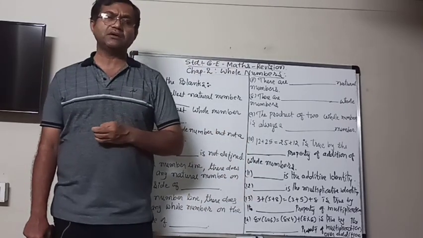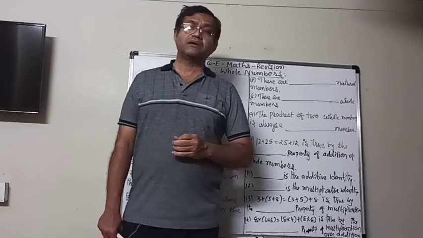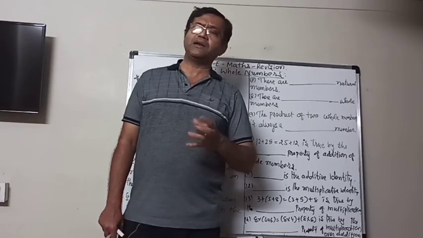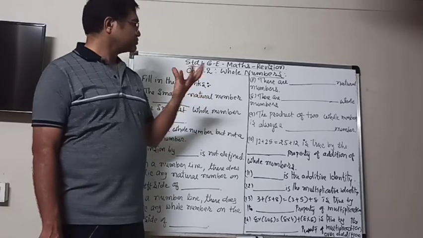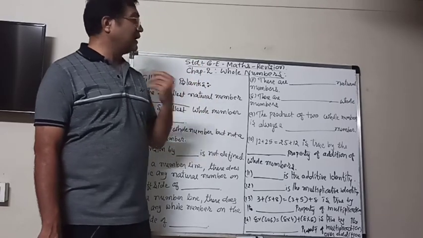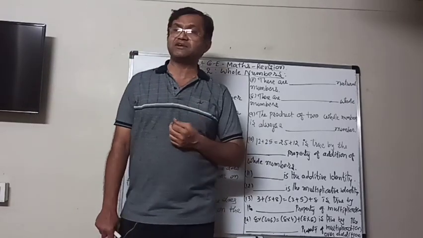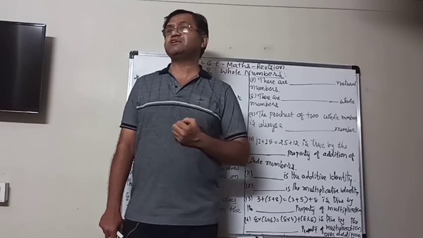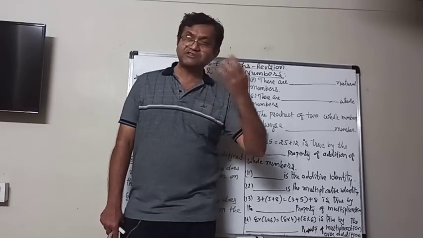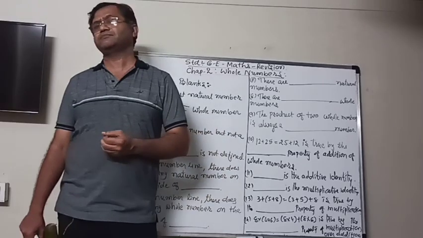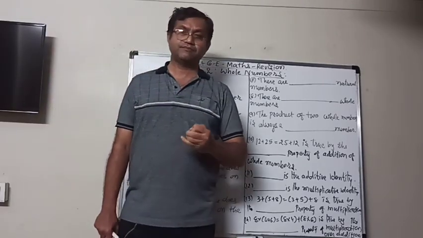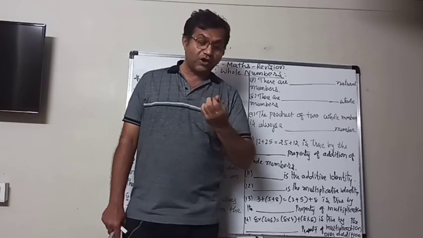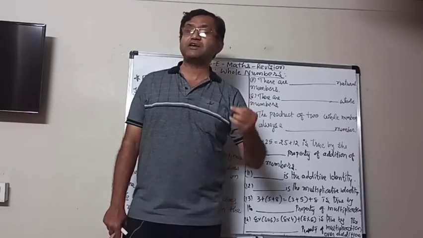Then we learn the additive identity and multiplicative identity. 0 is the additive identity because when we add 0 to any whole number, we get the same whole number back. Therefore, 0 is called the additive identity.